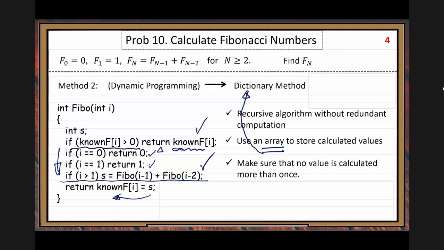Table, that's our dictionary. Dictionary and table have the same meaning. People use a table to organize the data, and here we use a dictionary to organize the data. So table and dictionary refer to the same thing. That's a brief, short introduction to dynamic programming.